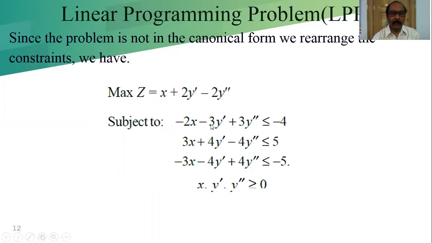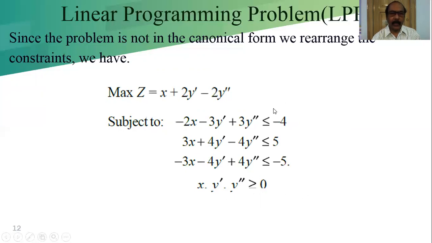The second constraint will be minus 3w1 plus 4w2 dash minus 4w2 double dash greater than equal to 2. The third constraint will be 3w1 minus 4w2 dash plus 4w2 double dash greater than equal to minus 2.